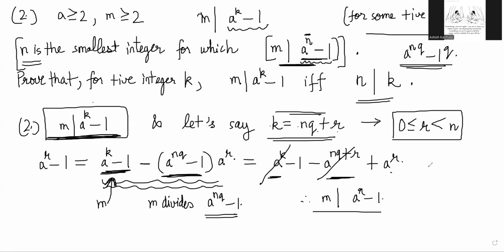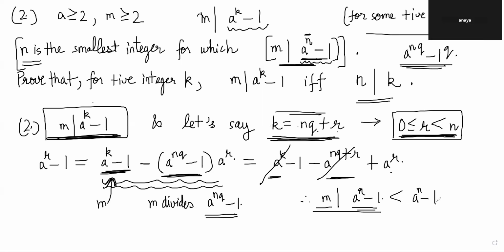Oh wait, now see what is happening. We knew that r was less than n here, right? Yeah, because of this division algorithm that we had written, right? Correct. Now we are getting m divides this, right? But this is less than a power n minus 1, right? Right. Because of obvious stuff, from here.